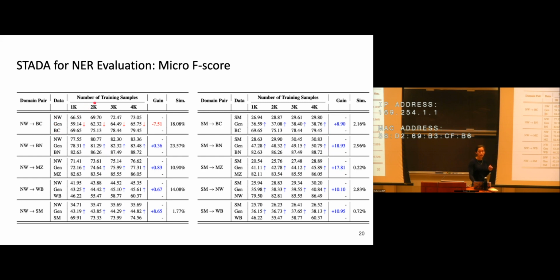And then we show experiments with different numbers of training samples. If we only take 1K samples for training, 2K, 3K, 4K, what happens? And the gain column is the difference between what happens with our model and the one that we have with only source. Obviously, the last column in each set of experiments is our upper limit, right?